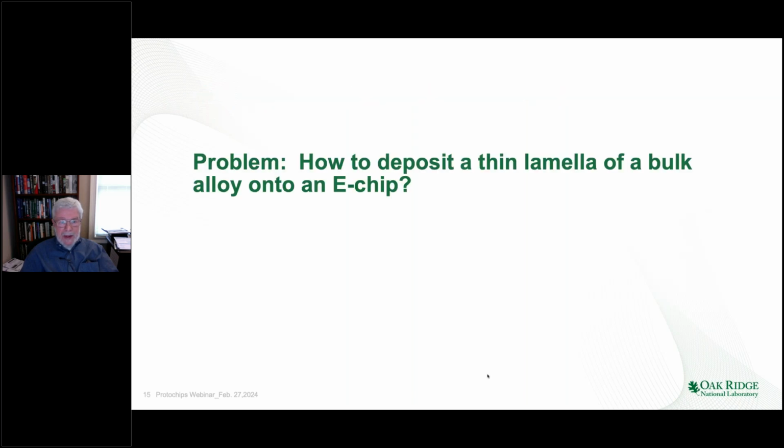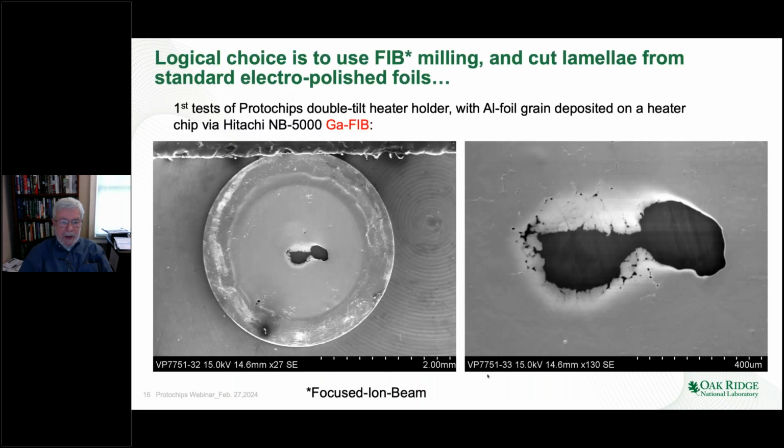And the question was how to deposit a thin lamella of a bulk alloy onto an E-chip, because we do electropolishing on these foils and normally look at 3 millimeter diameter specimens that have holes with thin edges that we can study the structure. So to be able to look at and get good resolution and orientations in the microscope, you have to have a double tilt holder.